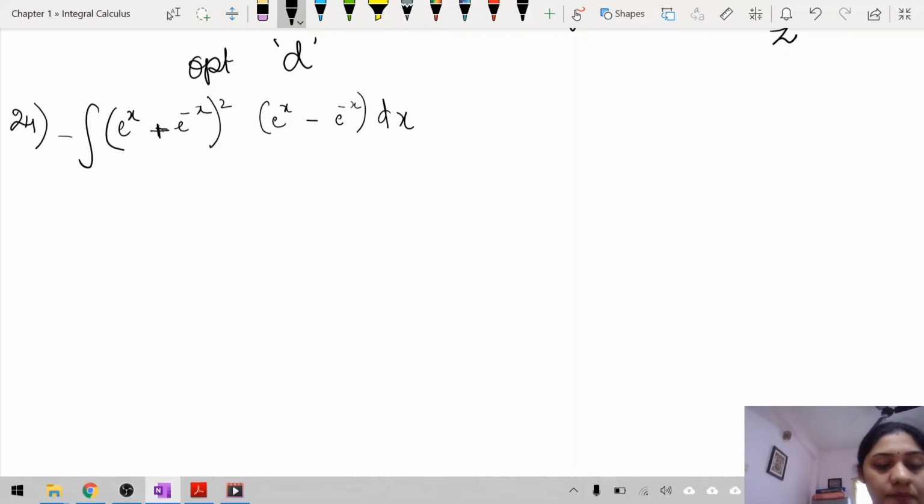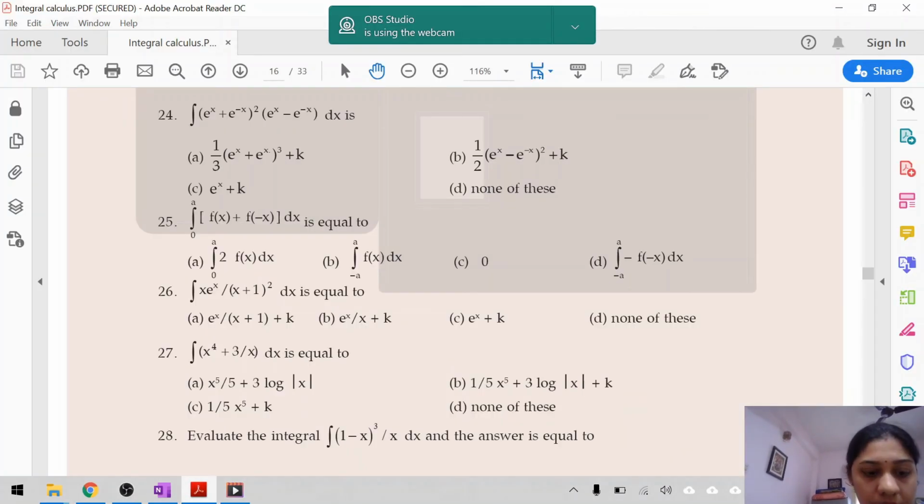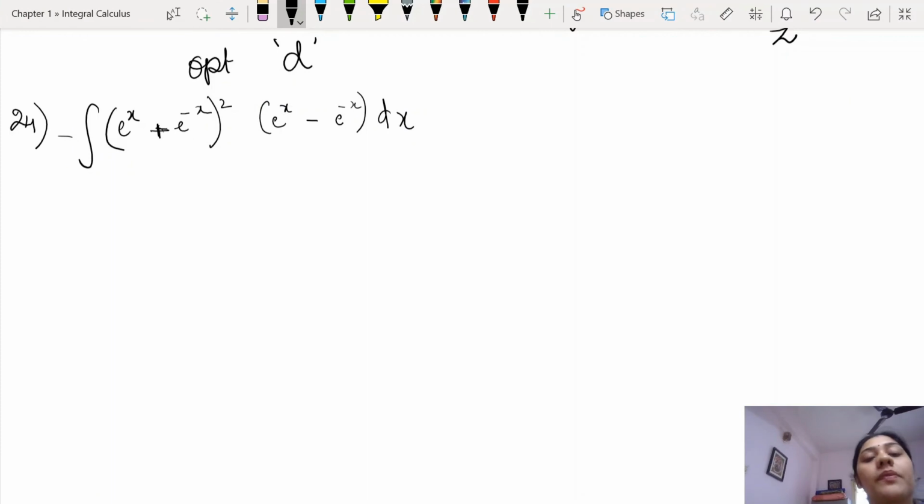Let's just check once. Yes, we are right. Now again, let me give you one or two seconds to think about what should be your f of x function and what will be the f dash of x function. Think about it: the differentiation of one function is the other function.